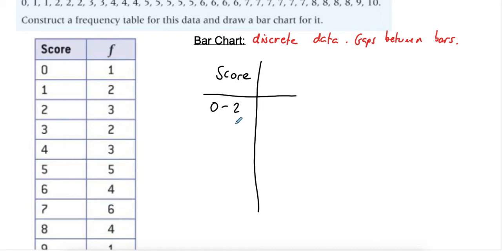And that's fine if it's discrete data. The only thing you need to be careful of is in your next category, you don't have, for example, 2 to 4, and then 4 to 6, and so on, for the same reason as before, because if you have a score of 2, where do you put it?